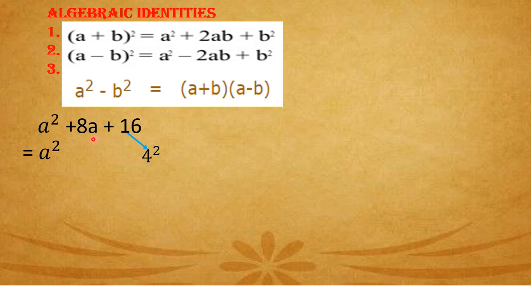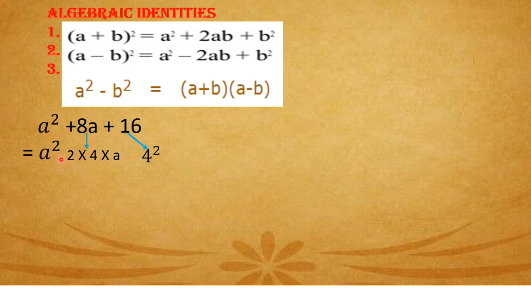Now the middle part, 8a, can be written as 2 into 4 into a. One important thing is that the number whose square we wrote for the constant part must be included in the second term, that is the middle term.